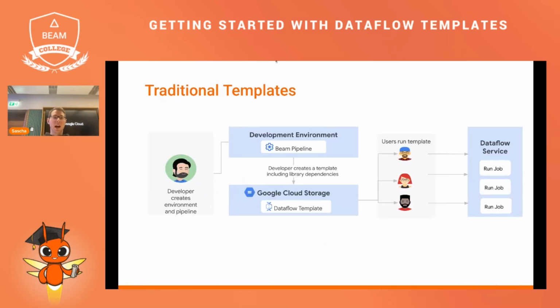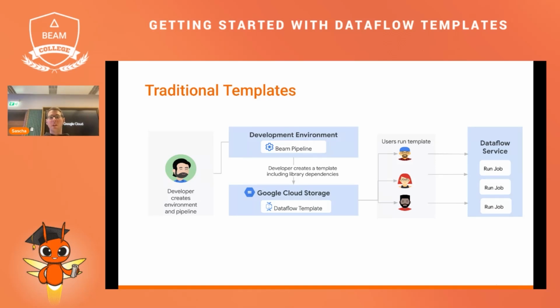Traditional templates are, from the development flow, a little bit different than the flex templates. So a developer creates a pipeline, tests the pipeline, and then once the person is satisfied, creates a template containing all the libraries and dependencies that are necessary and stores the template on an object store like cloud storage.